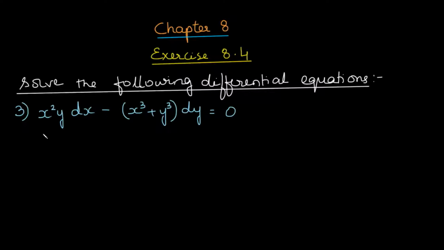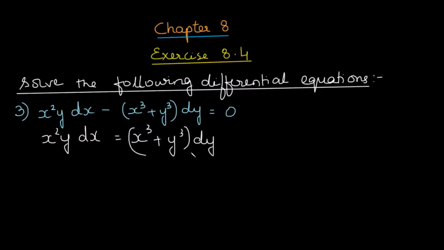So we first of all write this equation this way, that is x square y dx is equal to (x cube plus y cube) dy. Now we bring dy and dx together on one side, so it becomes dy upon dx, and the remaining terms are also written together.